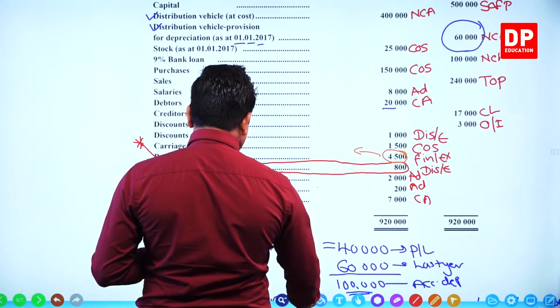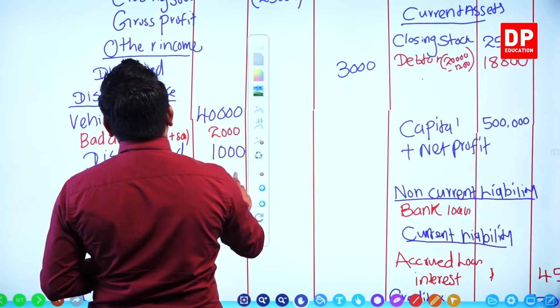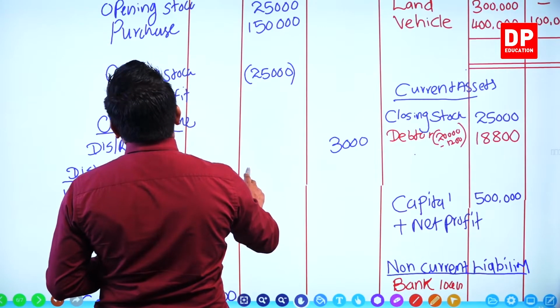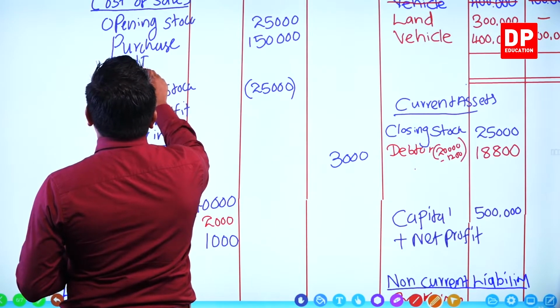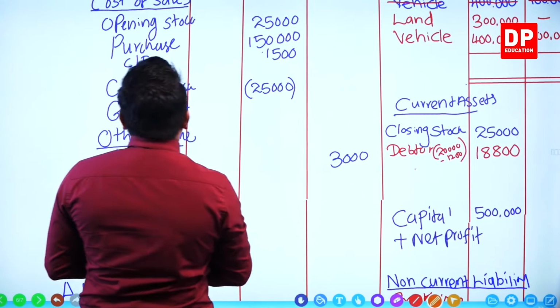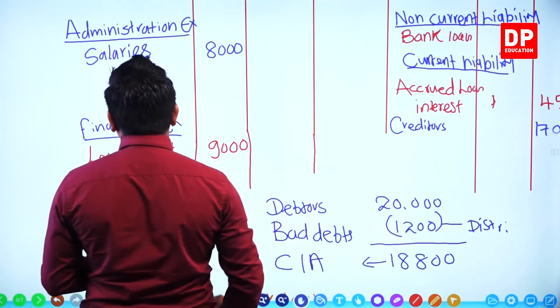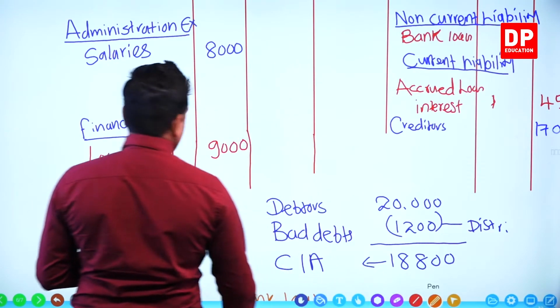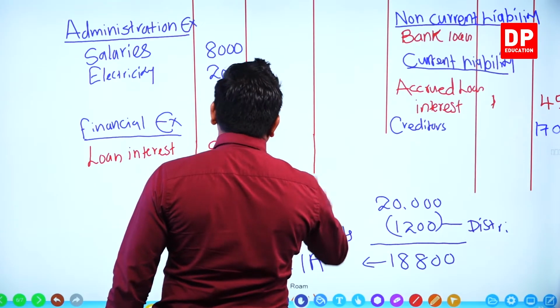Carriage inwards, where we write? Carriage inwards 1,005. Under the purchase we write 1,005. Okay. 2,000 is the electricity. It comes under the administration. 2,000 electricity. Okay. Then what's the last one?